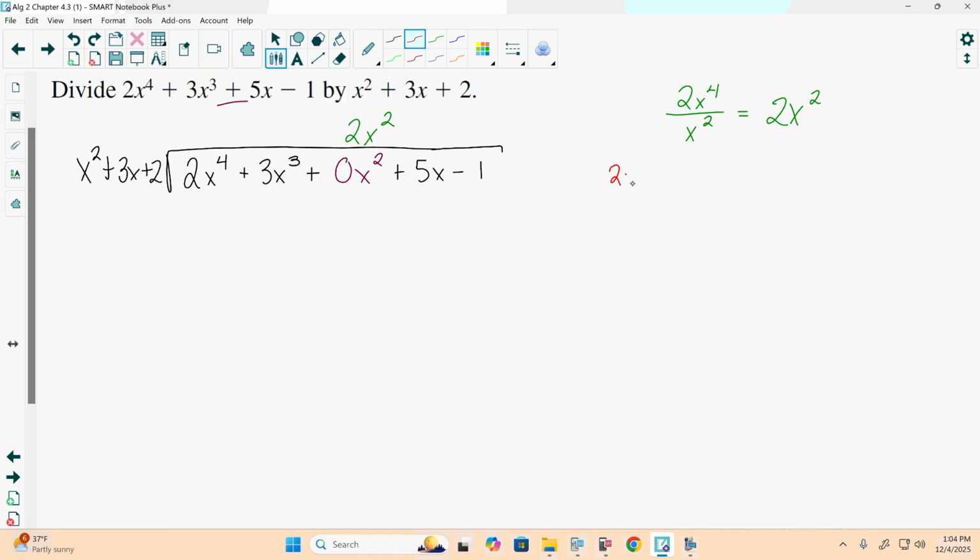Next thing we have to do is take 2x squared and multiply it by what we're dividing this by, which would be x squared plus 3x plus 2. 2x squared times x squared is going to be 2x to the fourth. 2x squared times 3x, 2 times 3 is positive 6, and x squared times x is x cubed. And lastly, 2x squared times 2 is going to be plus 4x squared.